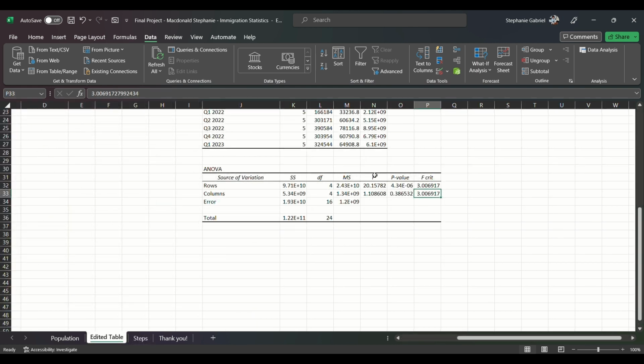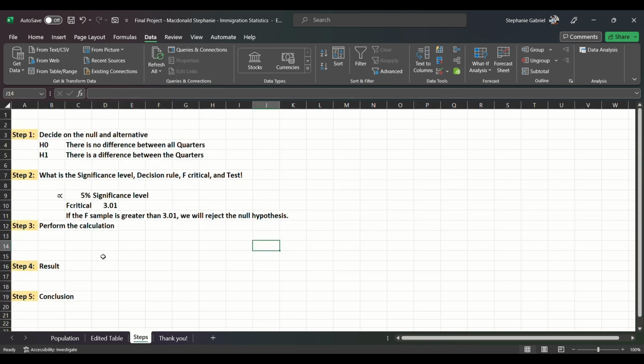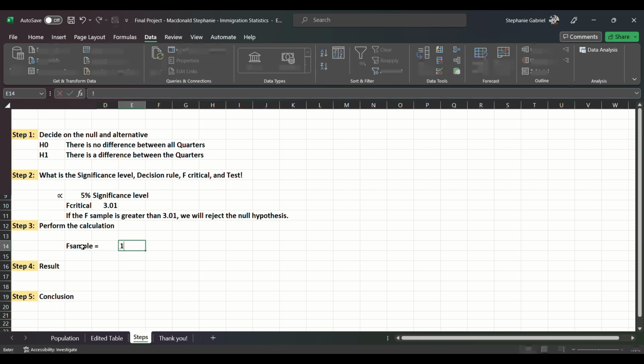And the F sample is right here. The value that we're looking for as the F sample is 1.108. So let's write that down. F sample, 1.108. That is the result.